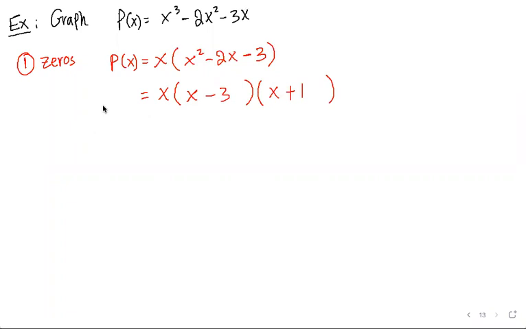Now to find the zeros, I put p of x equals 0. So the zeros are x equals 0, or x equals 3, or x equals -1. So these are the 3 zeros.